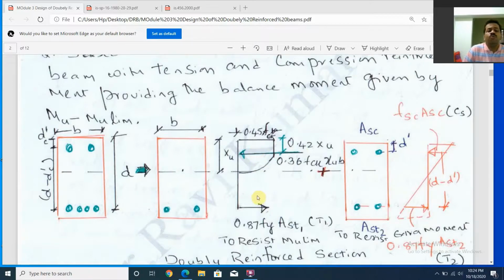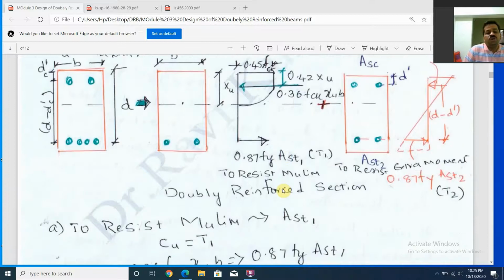But if the moment is more than Mu max or Mu limit, then we provide additional steel in the compression zone, because if we provide more tension steel, it becomes an over-reinforced section. So we provide steel in the top layer. Otherwise this becomes an unbalanced section, so to counterbalance this force, we provide additional steel here. That is called T2.